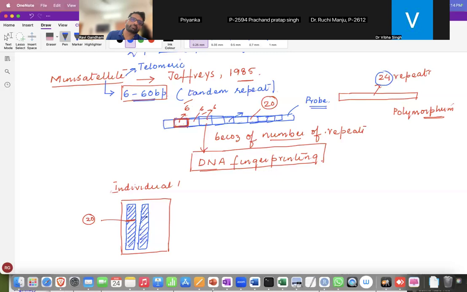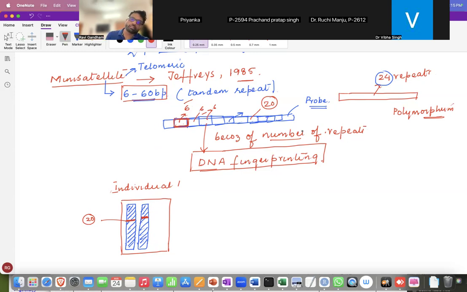So this is the way that the actual difference, even at the same locus, arises just because of the number of repeats. Since you have used a probe, you can differentiate the kind of bands you get mainly because of the difference in the number of repeats.